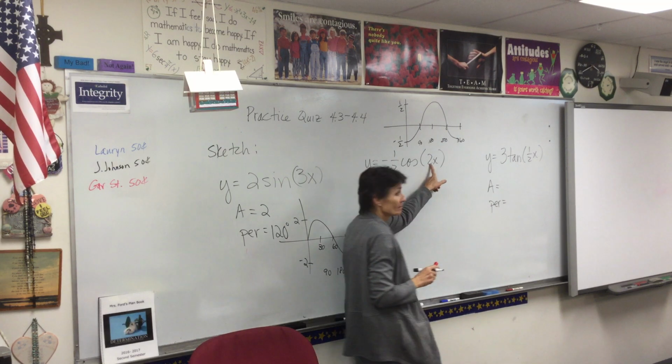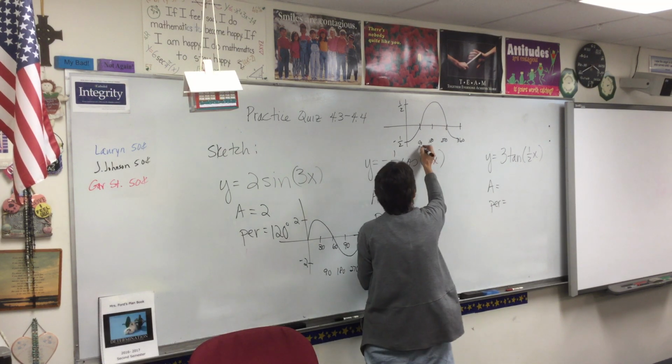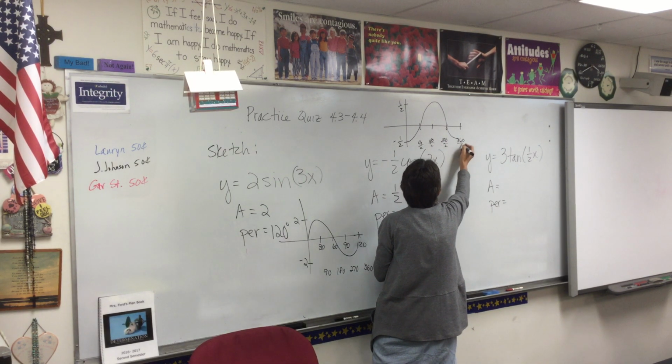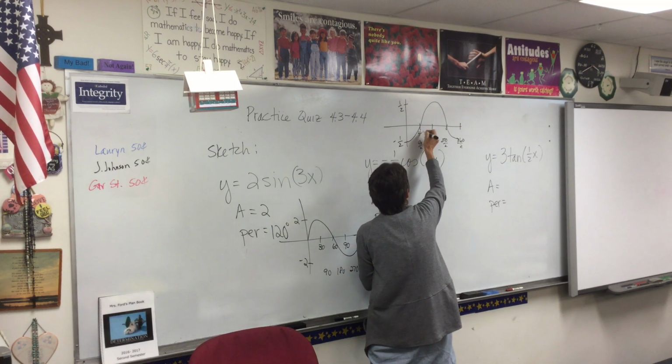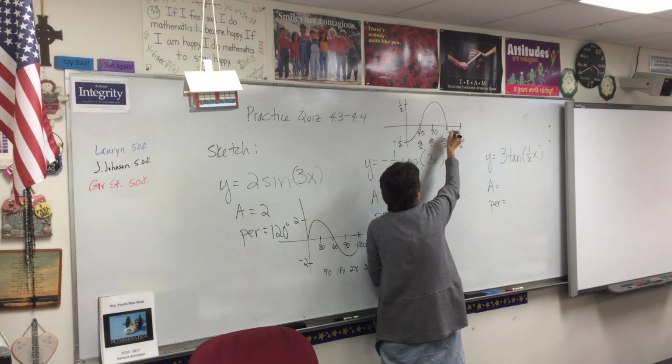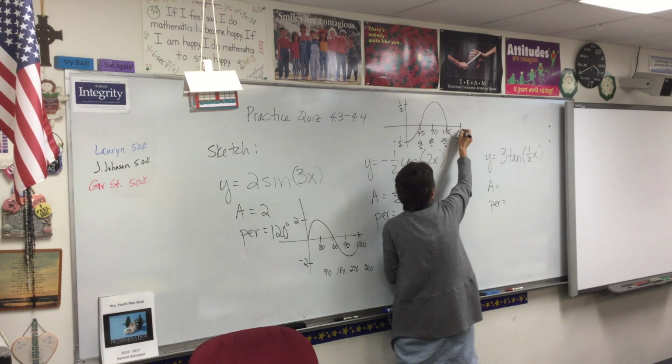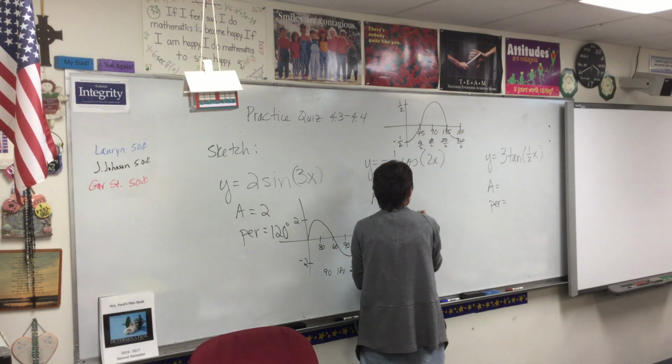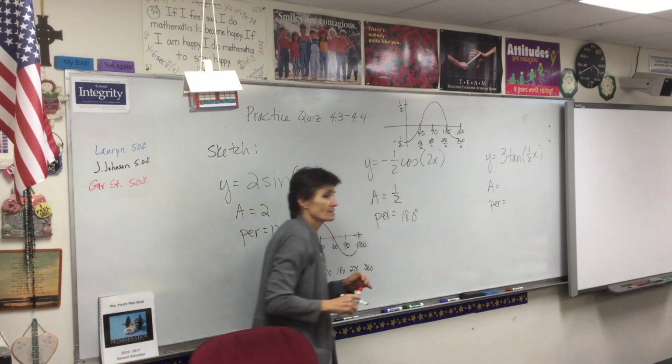But what's happening? Divided by 2. So they're 45, 90, 135, 180. So your period is 180 degrees.